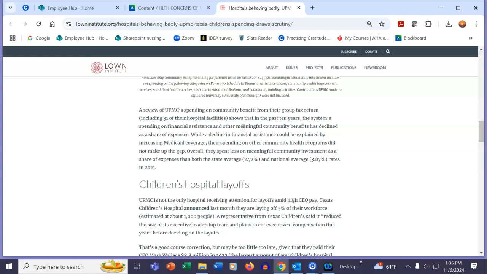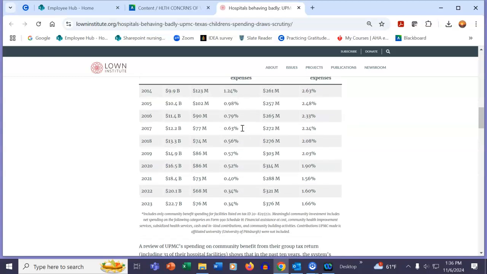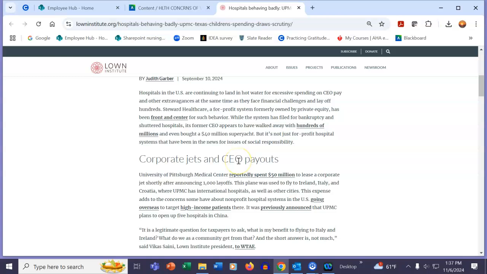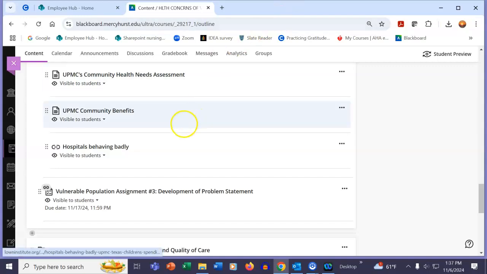It's concerning when you see what they're spending in community benefits, what they're putting out there, and paying for CEOs. So again, I'm not picking on UPMC. It was just an example that I've come across and was interested in.